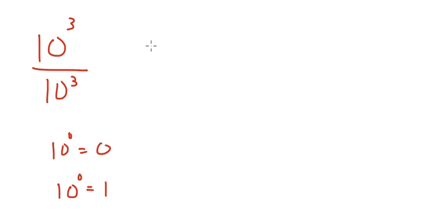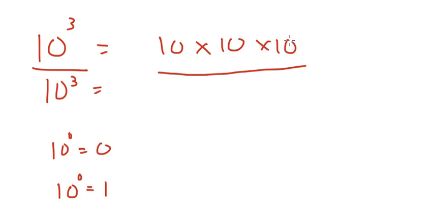And here's the reason why. When we have 10 to the third divided by 10 to the third, that's like saying we have 10 times 10 times 10 over 10 times 10 times 10, hopefully you'd agree with that. Because 10 to the third is 10 times 10 times 10. And now this 10 and this 10 cancel out, and that becomes a 1.